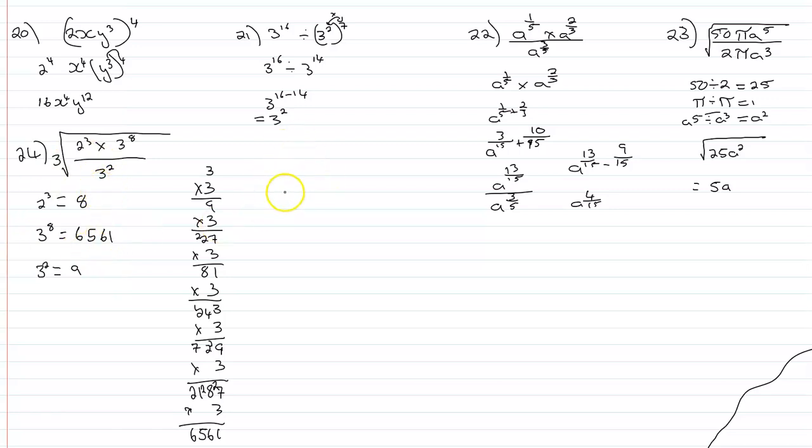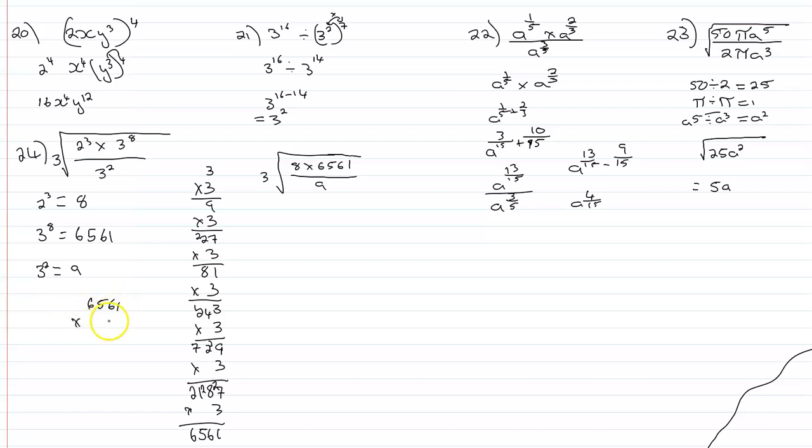Let's do it over here. So then we have the cube root of 8 multiplied by 6561 divided by 9. Now we need to solve that equation. So what is 6561 times 8?